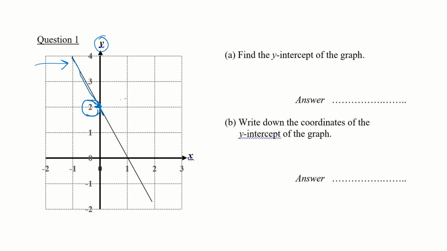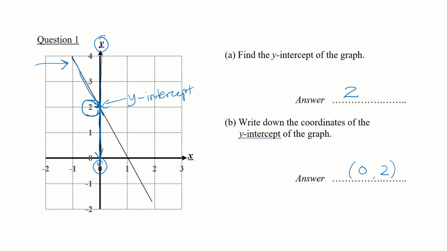So the y-intercept is at number 2. Write down the coordinates of this y-intercept. We know the y value is 2. So what is the x value? Just now we learned that for the y-intercept, the x value is always going to be 0, because it's on the y-axis.